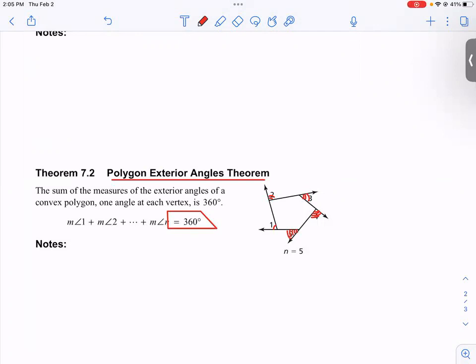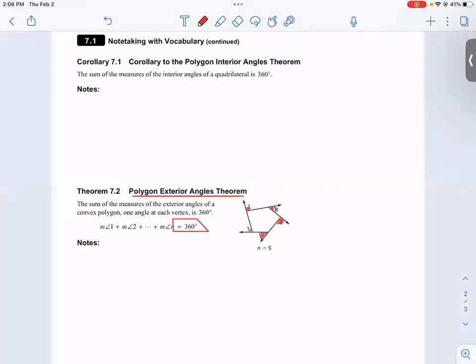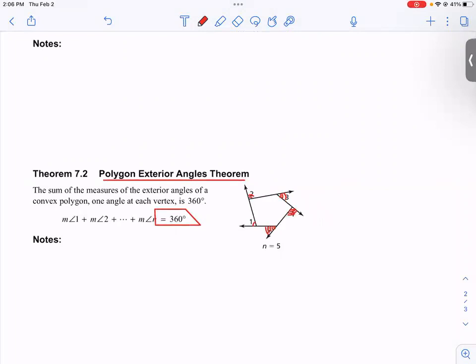Since they form a linear pair with our interior angles, as we increase the number of sides, we increase the amount of angles that are inside, but that also decreases these exterior angles. They're just always going to add up to be 360. It's actually pretty cool in my opinion.